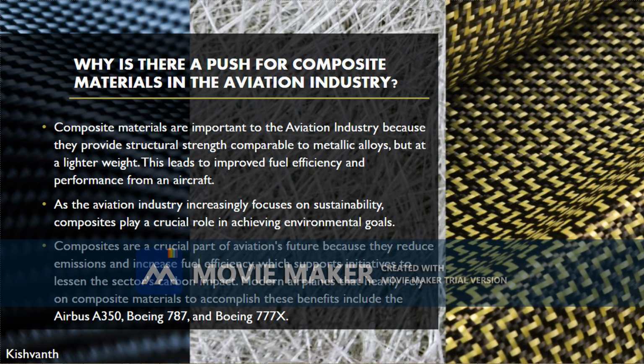As the aviation industry increasingly focuses on sustainability, composites play a crucial role in achieving environmental goals. Composites are a crucial part of aviation's future because they reduce emissions and increase fuel efficiency, which supports initiatives to lessen the sector's carbon impact. Modern airplanes that heavily rely on composite materials to accomplish these benefits include the Airbus A350, Boeing 787 and Boeing 777X.